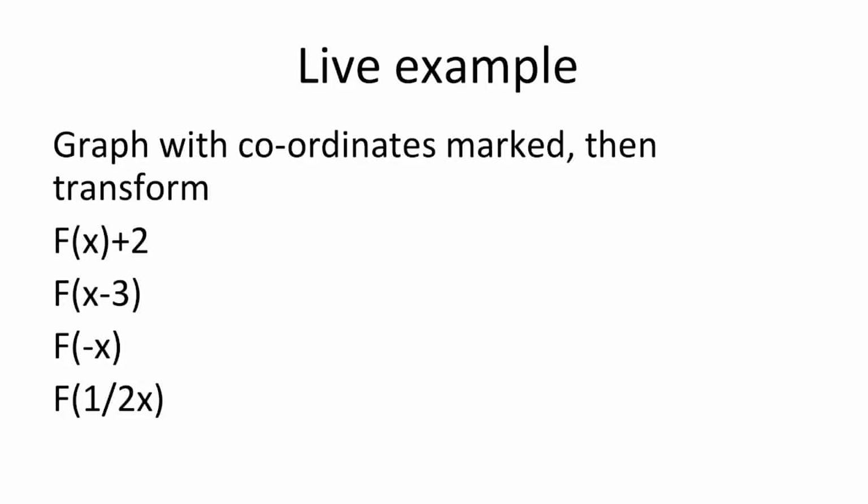The last transformation we'll do on this original graph, y equals f of x, is the transformation f of 1/2 x. Now notice here, the half is inside the bracket, which means it's a stretch of scale factor 1 over a in the x direction.